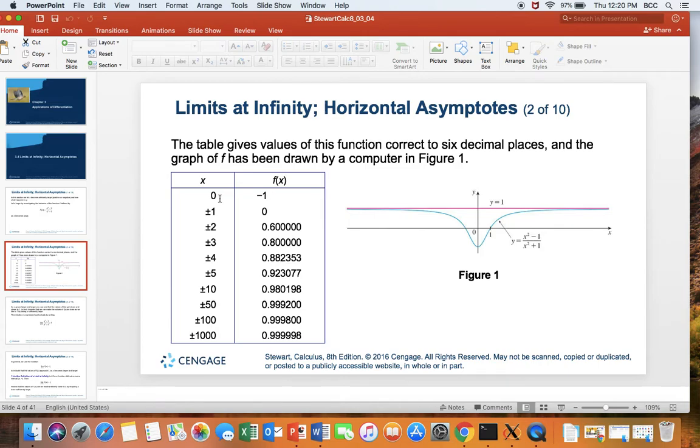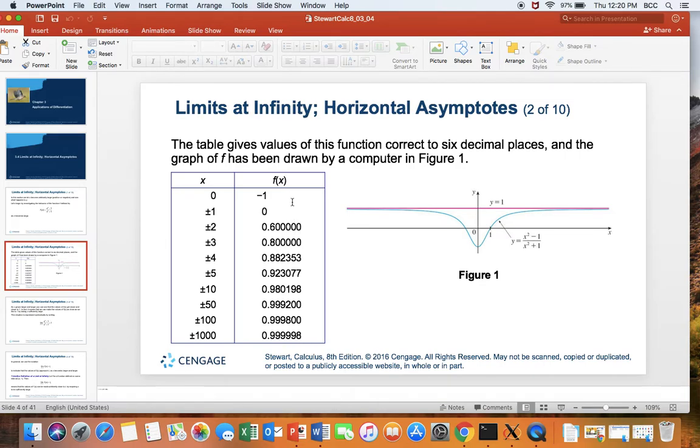Look at the values. When x is 0, you get negative 1. When x is 1 or minus 1, you get 0. Plus or minus 2, 0.6, and so on. But look, when x is plus or minus 1000, we are not getting very large. Look at the numbers.